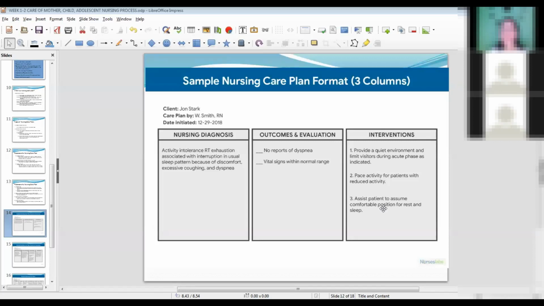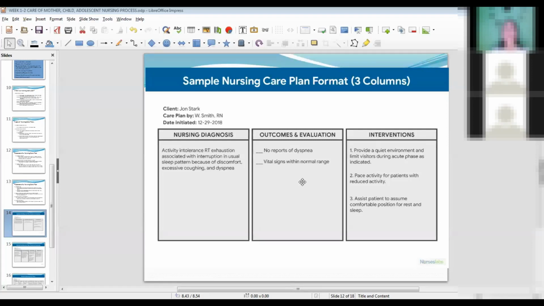Pace activity for patients with reduced activity. Remember, he has activity intolerance related to exhaustion. So what we are going to do here, if we want our patient to perform activities of daily living, that should be performed with pacing activities. So after one task, allow the patient to rest.